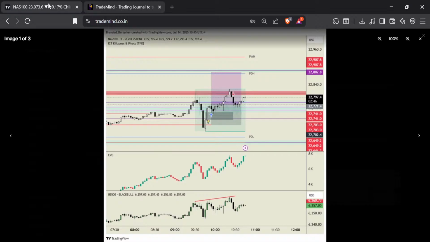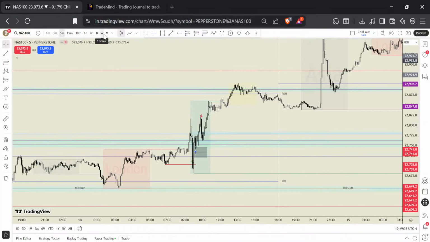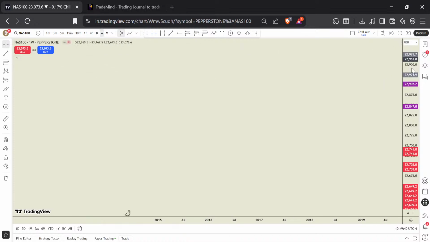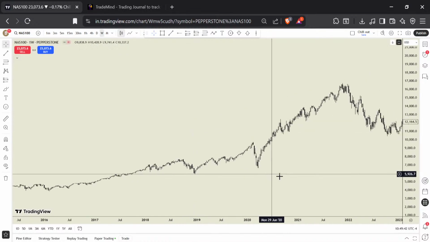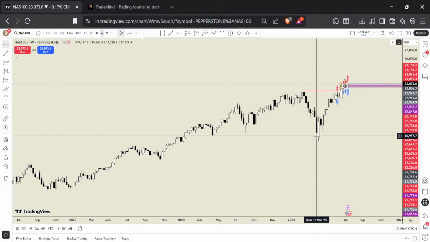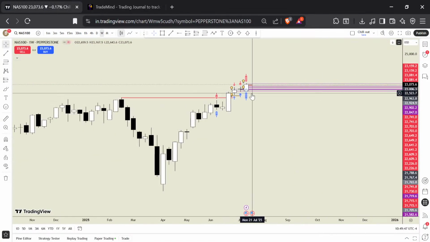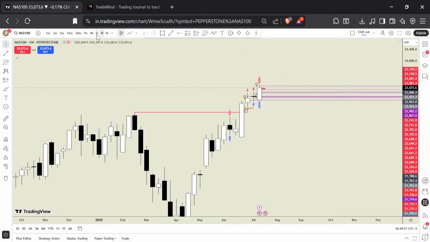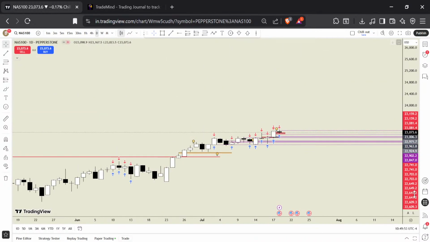To be honest, I feel there might be a lot of consolidation happening next week, because there is a huge weekly candle here. The probability of the market consolidating is higher than the market trending again.